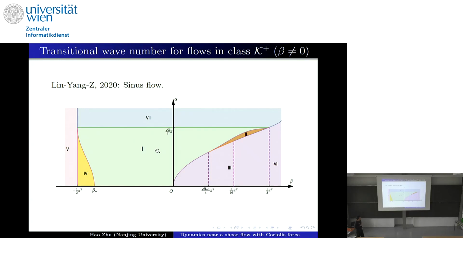So if beta is 0, this is what Lin just proved. If beta is larger than 0, let us say this region is stable, this region is unstable, and this is stable. If we increase beta past this value, then it is always stable.